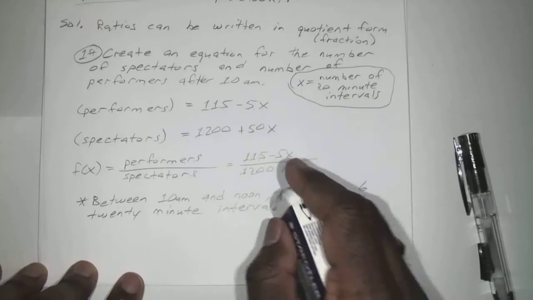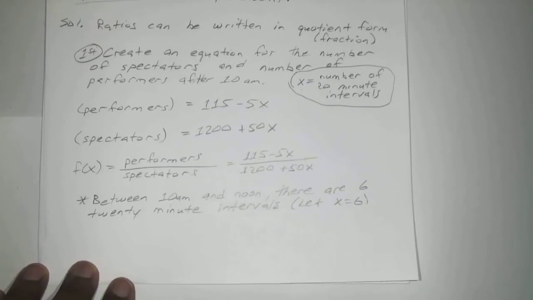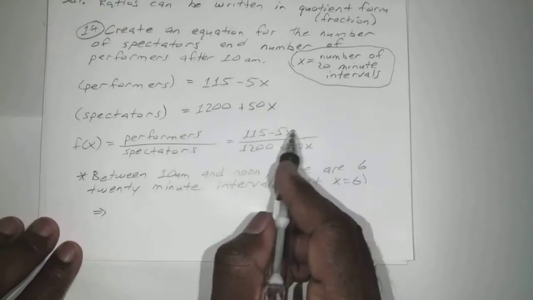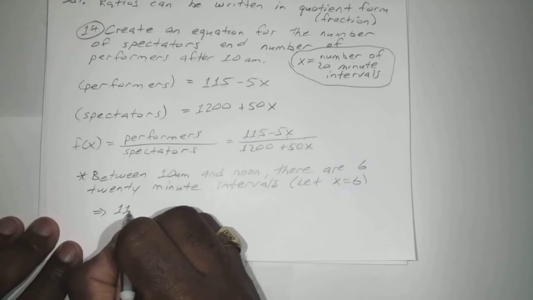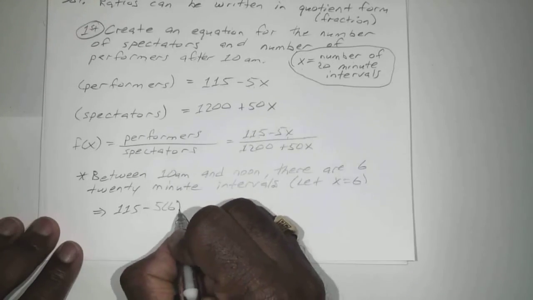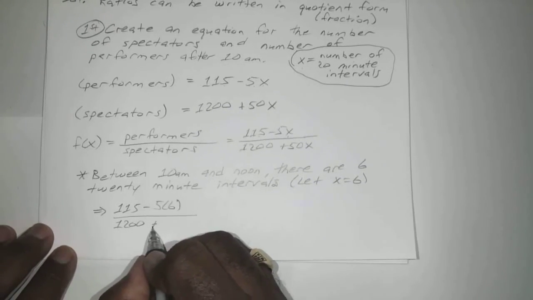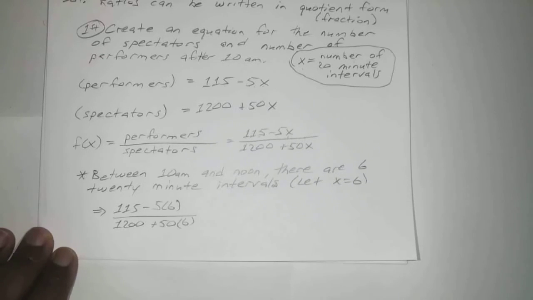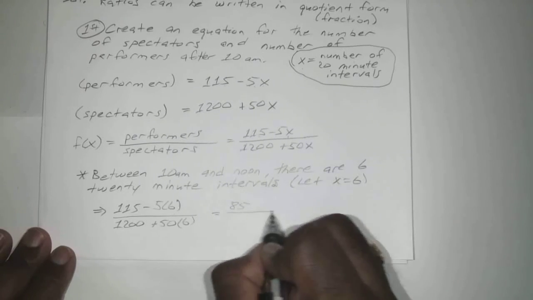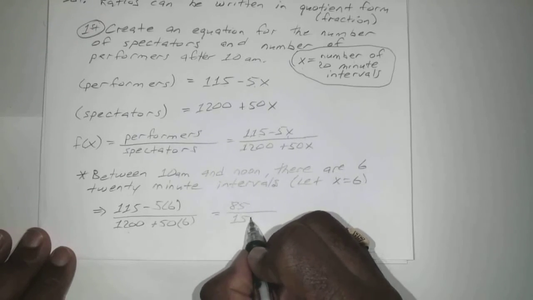Let's clean that up some. Okay. So now that we know our x is equal to 6, you just go ahead and plug it right in. So 115 minus 5 times 6 over 1200 plus 50 times 6. Okay, so 115 minus 30 gives us 85, and 1200 plus 300 is 1500.